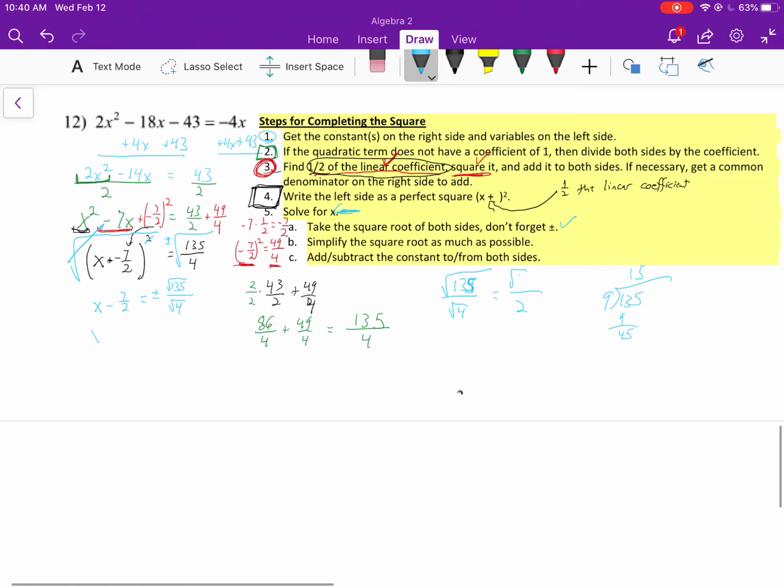So that's the square root of 9 times the square root of 15, which is 3 root 15 over 2. So that was simplifying as much as possible. I'll just go ahead and erase this part here. We did that simplifying. Square root of 135 over square root of 4 is 3 root 15 over 2.